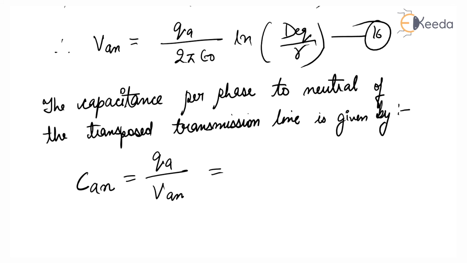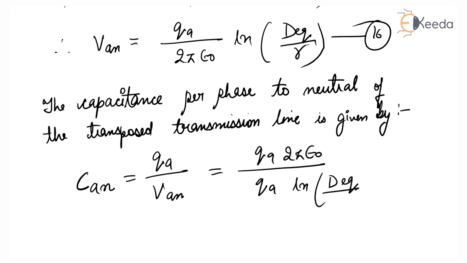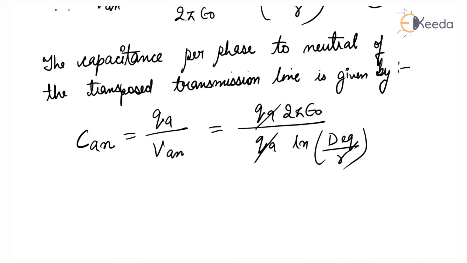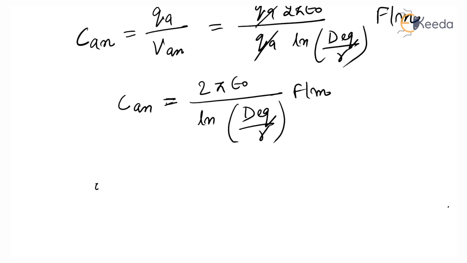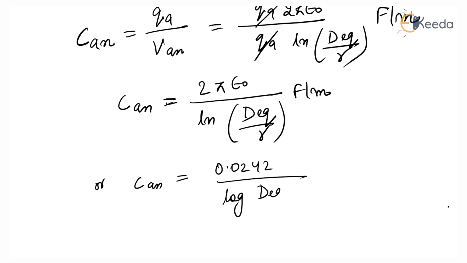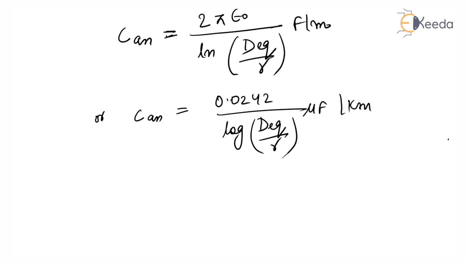So this is equal to QA upon QA 2 pi epsilon naught log D equivalent by R. The QA cancels out. So CAN is equal to 2 pi epsilon naught upon log D equivalent by R farad per meter, or CAN is equal to 0.0242 upon log D equivalent by R microfarad per kilometer. This is equation number 17.